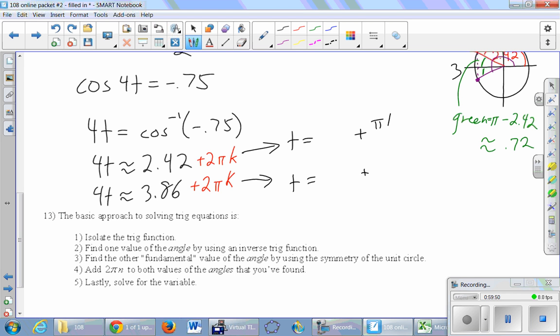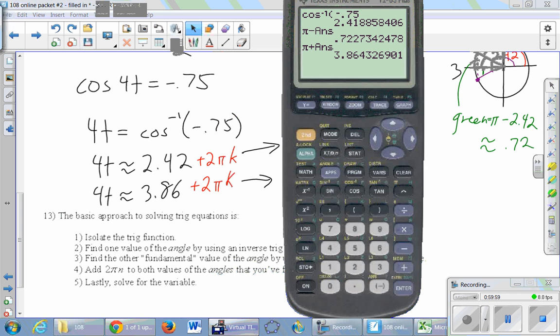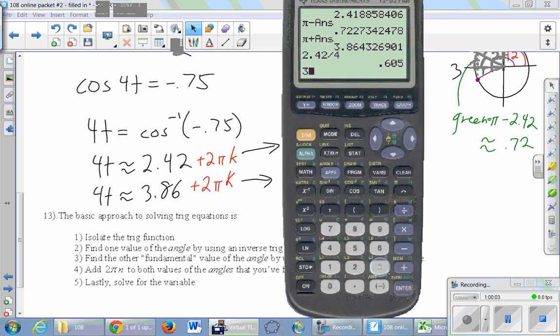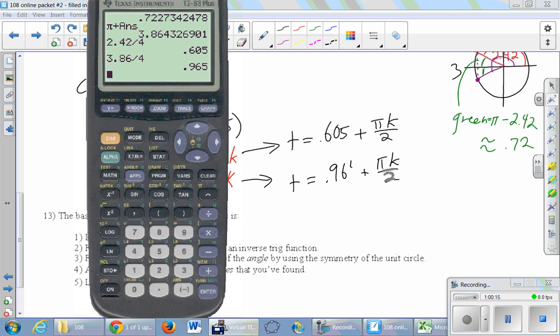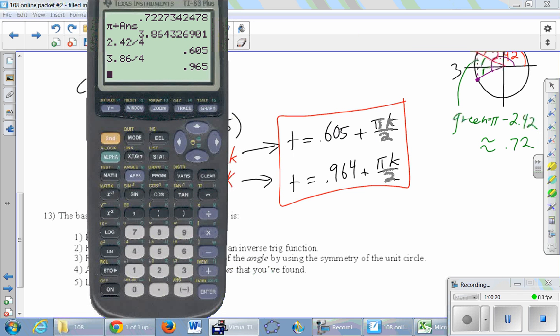So I think that just gives me pi k over 2. And then we'll take our two numbers and divide by 4. So that's it. Those are our two answers.